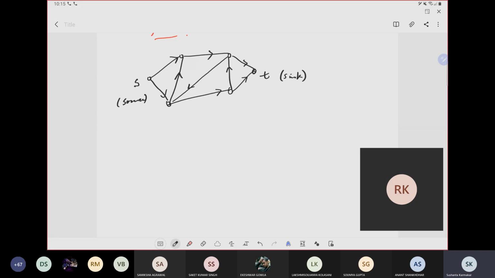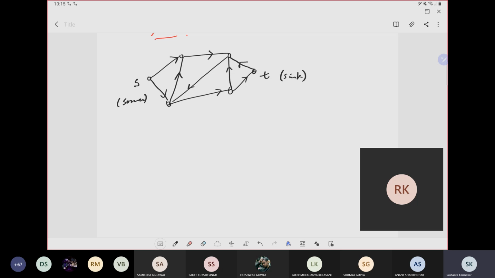These are special nodes. All the edges that are incident on S are outgoing edges. And all the edges that are incident on T are incoming edges. That means for a sink, it cannot happen that T has an outgoing edge like this. Then this is not a sink.